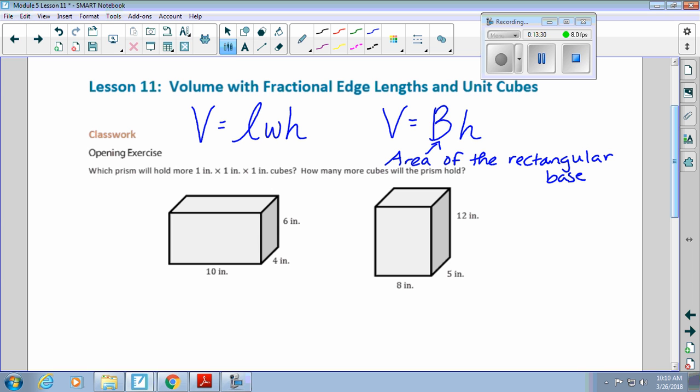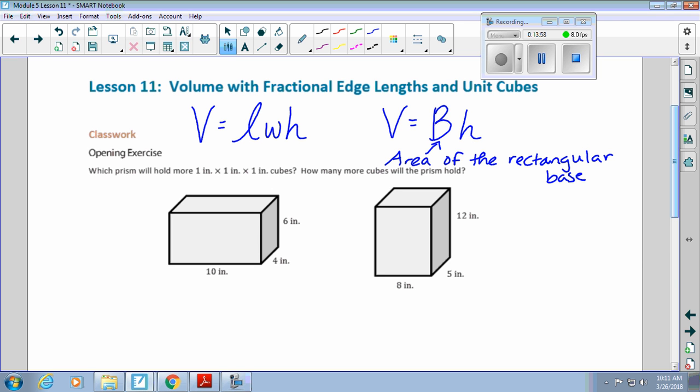When we find perimeter, we're just measuring the distance around the outside of something. When we find area, we are figuring out how many square units it would take to cover that flat shape. Now we're taking it to the 3rd dimension, kids, where we're figuring out how much capacity or how much space something has.